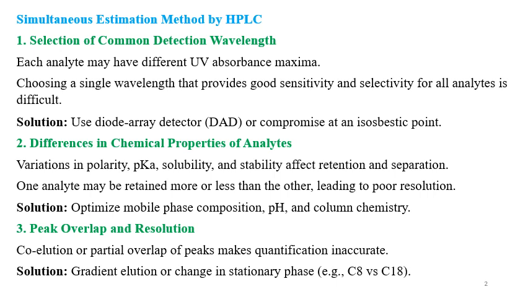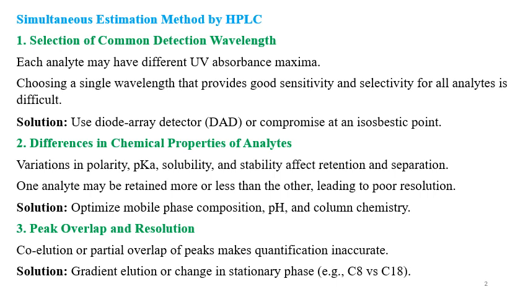First challenge is selection of common detection wavelength. If the formulation contains 2 or more APIs or drug substances, that time detection becomes very important. Each analyte may have different UV absorbance maxima, that is lambda max. So choosing a single wavelength that provides good sensitivity and selectivity for all the analytes is difficult.